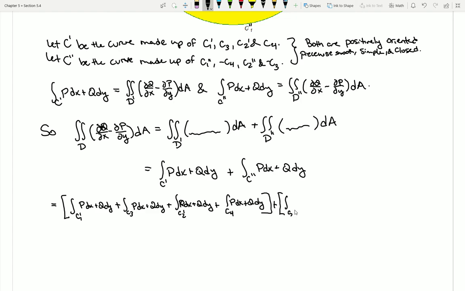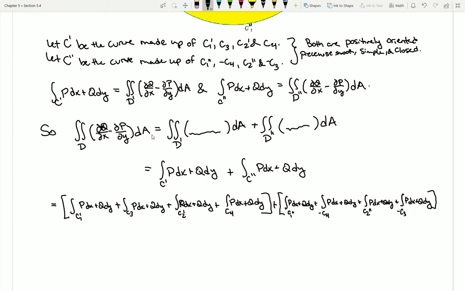This is going to be C1 double prime, P dx plus Q dy, and then an integral along negative C4, P dx plus Q dy, and then an integral along C2 double prime, P dx plus Q dy, and then finally an integral along negative C3, and I have all of that.